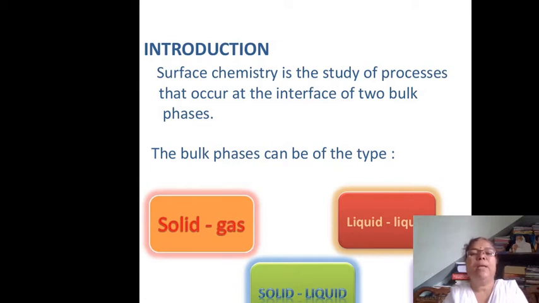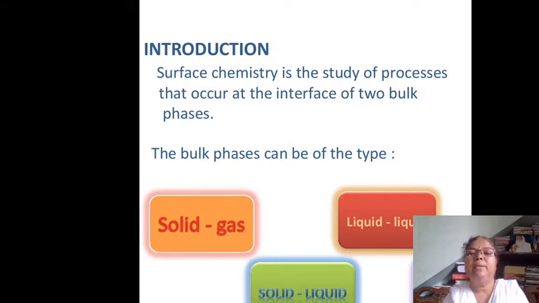That means when a solid and a gas are the two bulk phases, at the surface of these two phases the phenomenon of adsorption occurs.